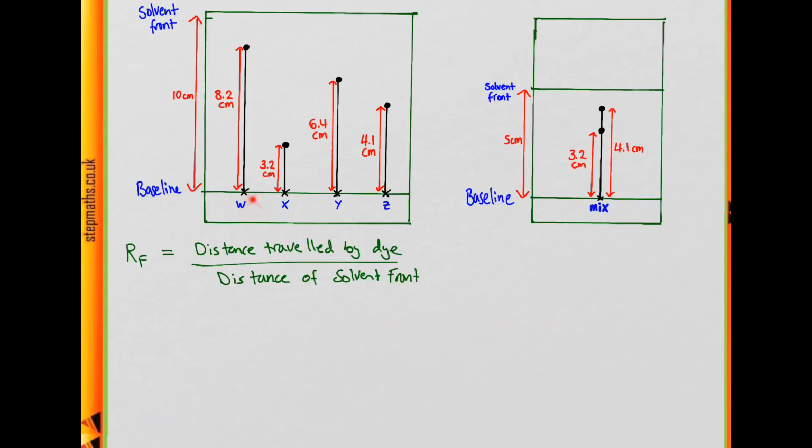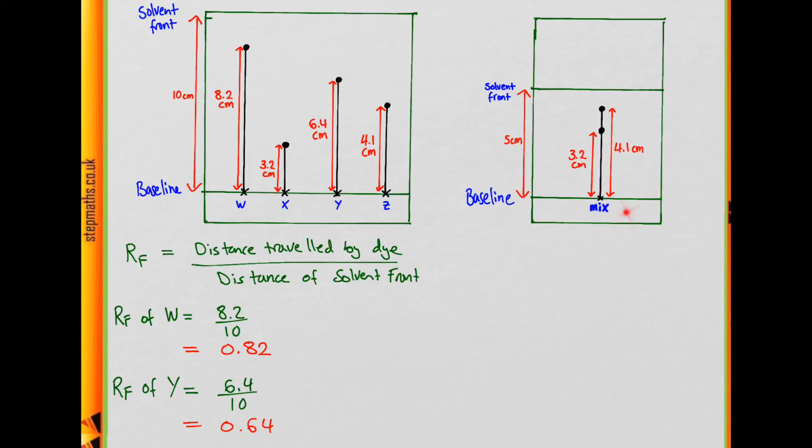Looking at dye W, we have a distance of 8.2 divided by the solvent front distance, which is 10. This gives you an RF of 0.82. Doing the same for Y, the distance travelled is 6.4 divided by the solvent front, which is 10, and this gives you 0.64.